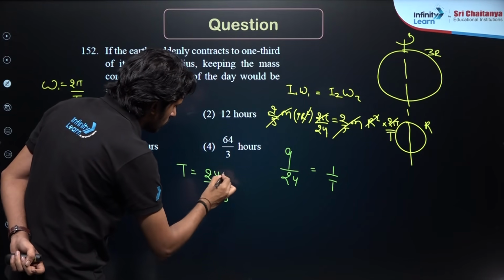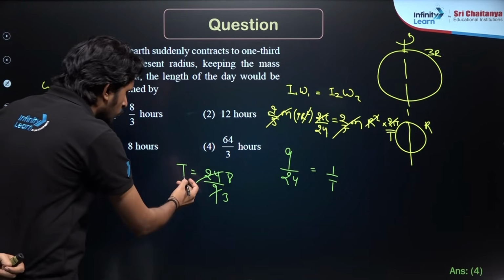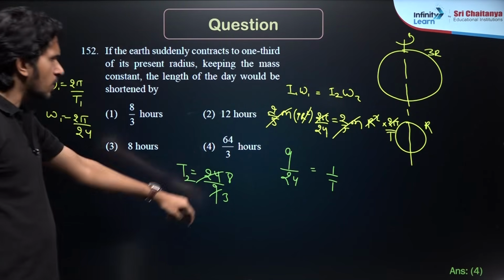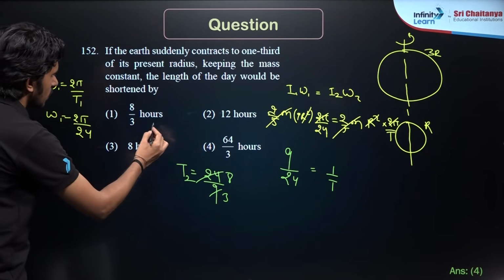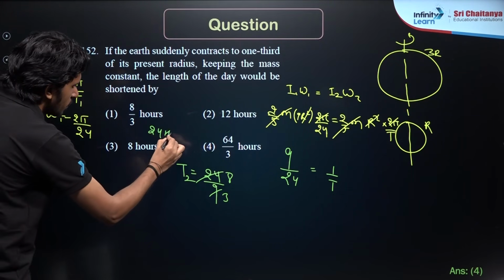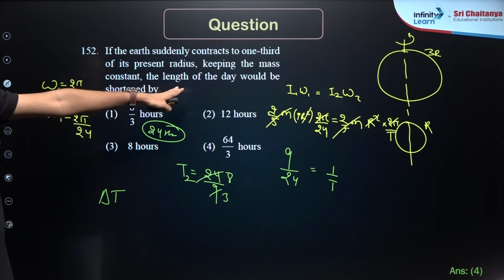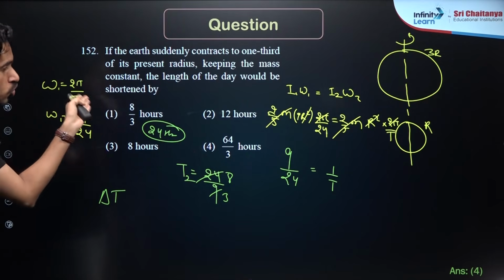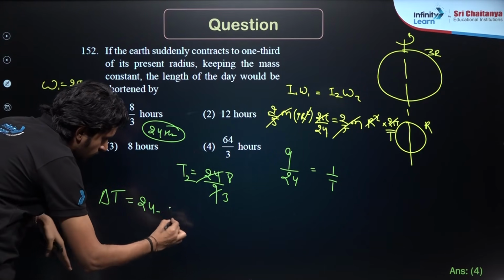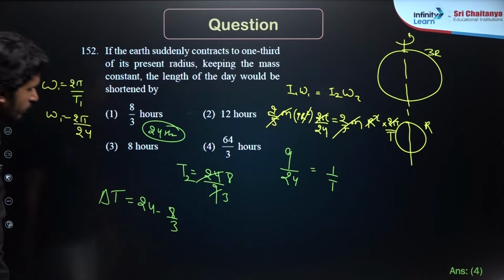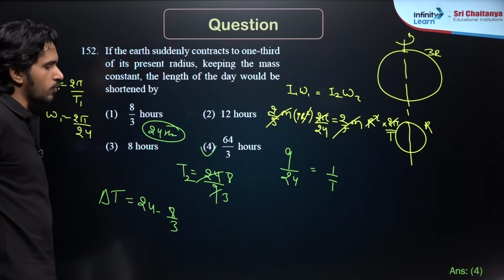So 3 3s are 9, 3 8s are 24. We got the value of new time period t2, that is 8 by 3, and initially time period is 24 hours. We need delta t, by the way. Look at the question, length of the day would be shortened by means 24 minus 8 by 3, and if you solve it, that will give us 64 by 3, option number 4.